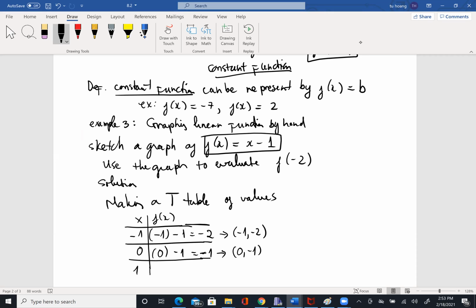And then 1 minus 1 is equal to 0, so I have 1, 0. Keep in mind that when x equals 0, this is the y-intercept, or b equals -1.